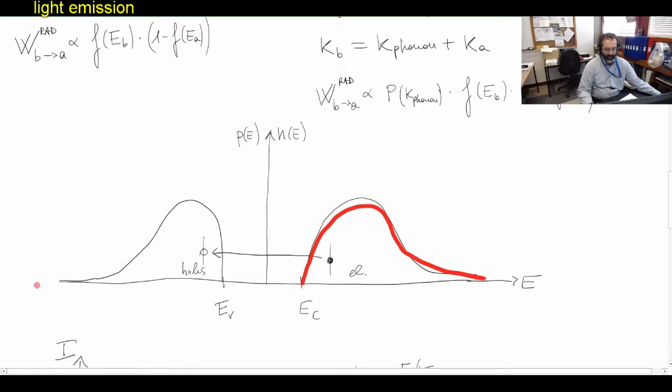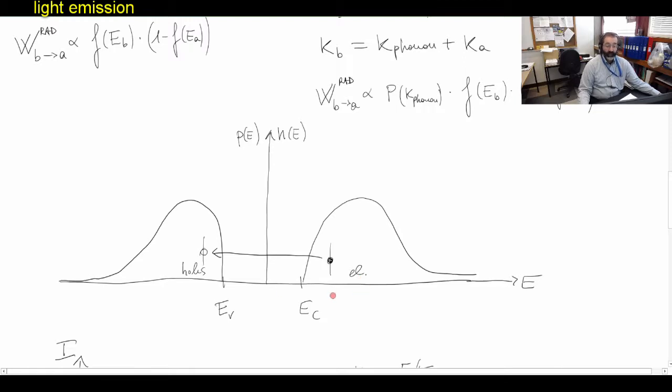If this is the energy axis, and this is EC and this is EV, the conduction band energy and the valence band energy, the distribution in energy of electrons is this shape here. This comes from the product between the Fermi distribution and the density of states, so you can go back and have a look at how we found this shape.